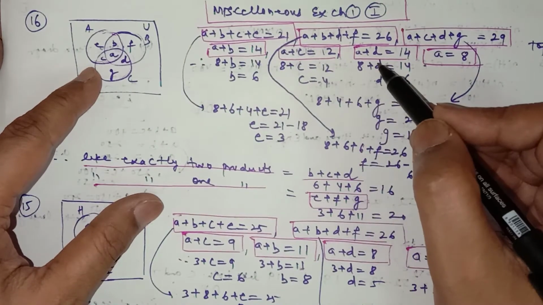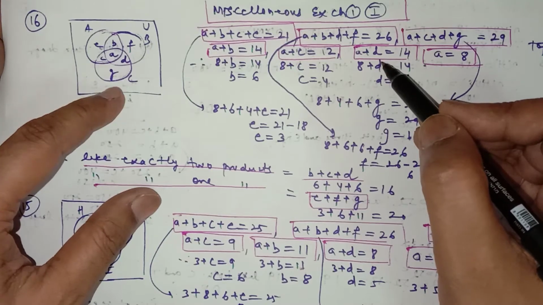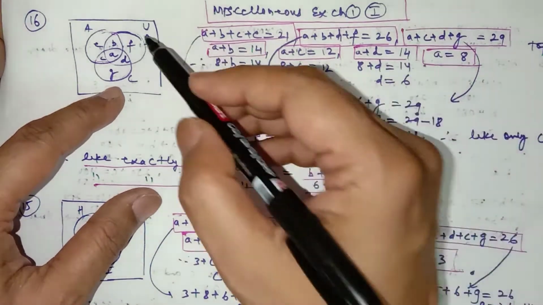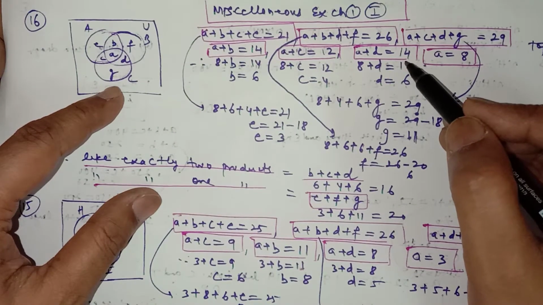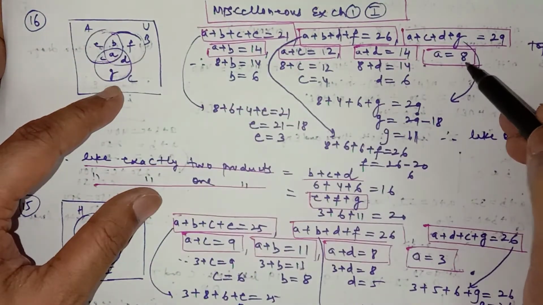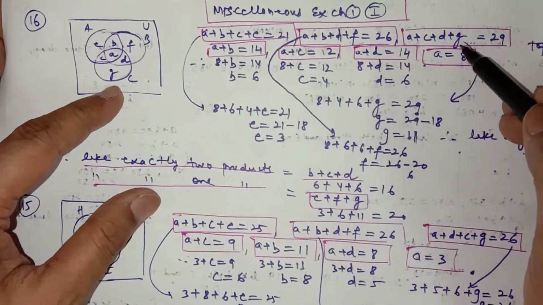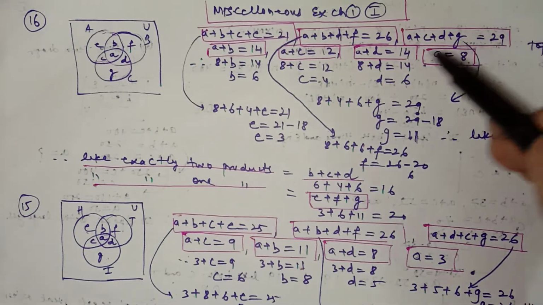The number who like B and C is 14, so A plus D equals 14. The number of persons who like all 3 products is 8. So this data is given, and you have to find how many persons like only product C.